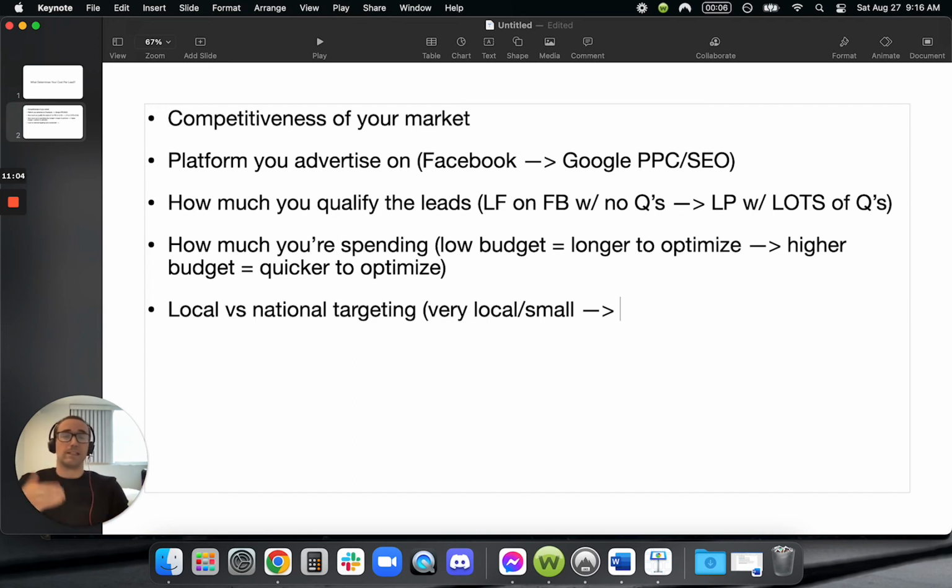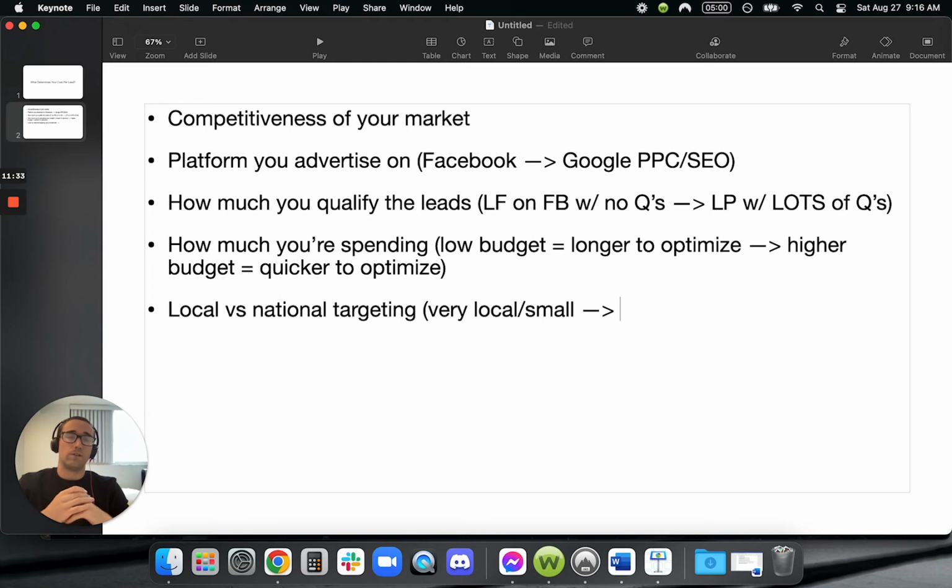And when there are fewer leads coming through the pipeline, you're going to be spending a little bit longer in between getting each of those leads. The other thing is that, again, this relates to the time to optimize. If you're getting less lead flow because you're only selecting a very small area, that could take longer to optimize as well, because you're getting less data in to actually figure out what's working best and what's not.